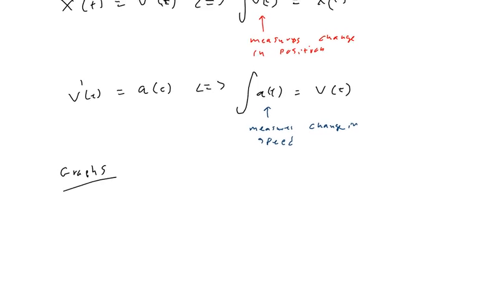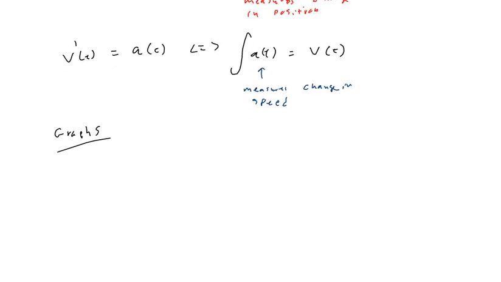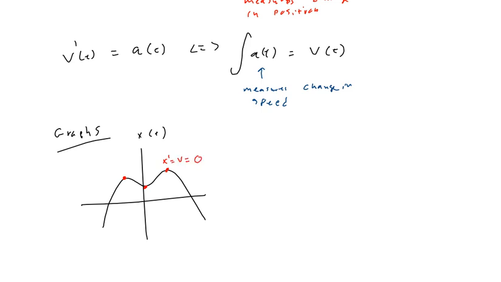And the other thing is about graphs of these functions, right? So let's say they give you the x graph. There are various important features of this graph. At here, here, and here, x prime, which is the velocity, equals 0. So given the position function, you can see where the velocity is 0.